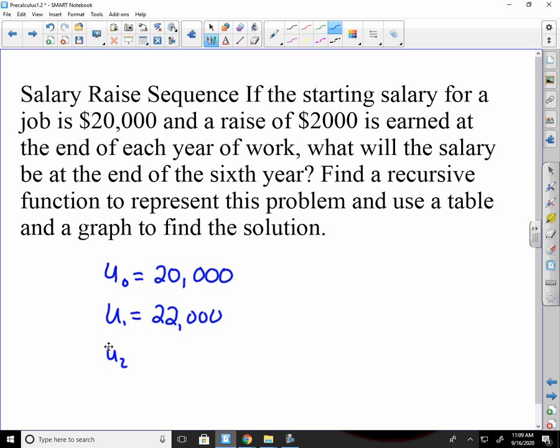U sub 2 equals 22,000 plus 2,000 more, 24,000. So now we can write our recursive function. U sub n equals u sub n minus 1 plus 2,000.